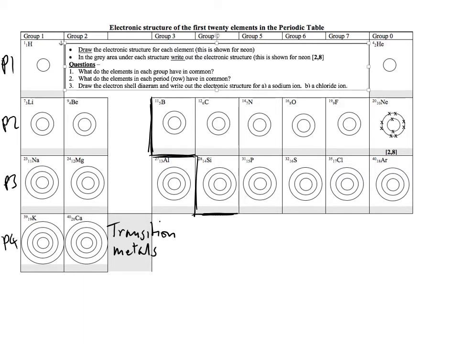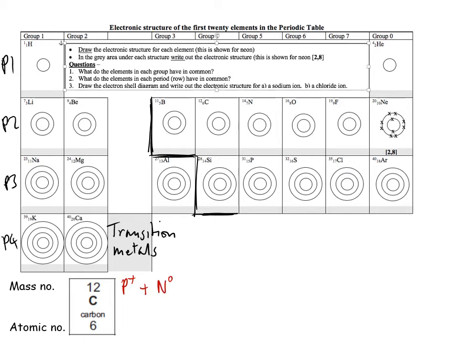Now you also need to be able to draw the electron configurations of each of these atoms, which we'll do in a moment. Before, we'll just quickly go over mass number and atomic number. So mass number is the top number. That just tells us the number of, you should be finishing my sentence here, protons and neutrons.